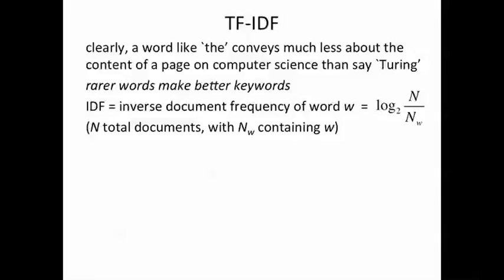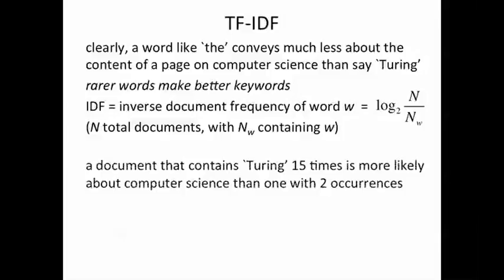Well, that's obviously not enough, because a document needs to contain the word itself if the word needs to be a keyword. And if it contains many instances of the word, say Turing, maybe 15 times for example, it's much more likely that Turing is a keyword for that document compared to, say, a document where the word occurs only twice.